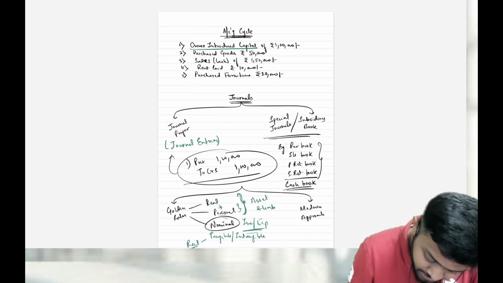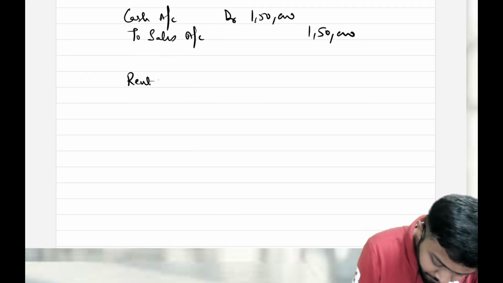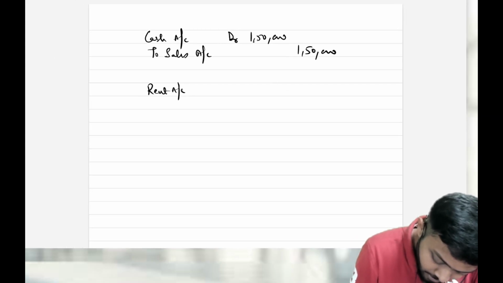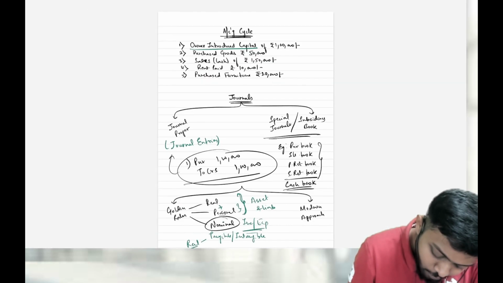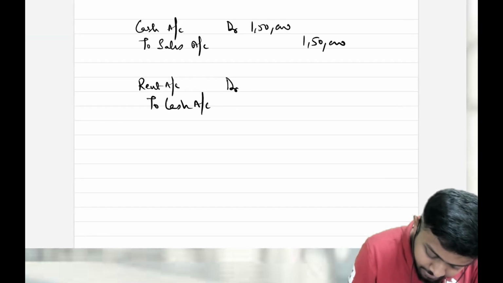Then what was the next transaction? Rent paid. Rent is an expense increasing, debit. To cash is an asset decreasing, credit. So rent account debit to cash account, 10,000. All of you clear?